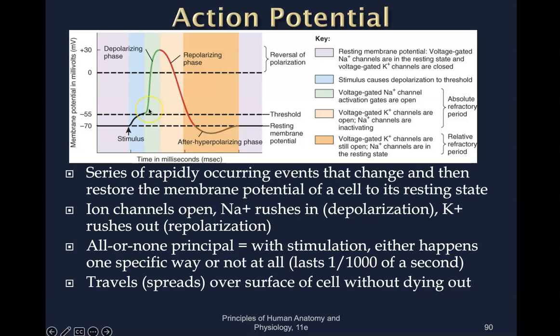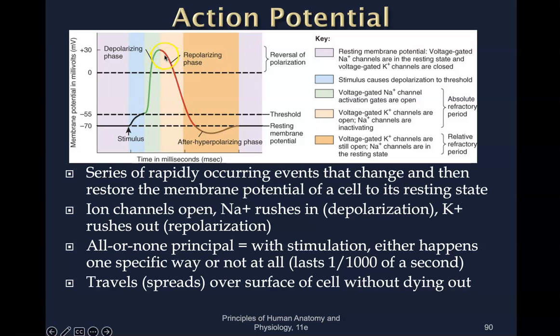Voltage-gated sodium channels, activation gates are going to open, allowing an influx of sodium into the cell, okay? All the way, and as that sodium rushes in, it's going to cause a depolarizing effect, bringing the membrane potential all the way up to about positive 30 millivolts, okay? Now, at that point, the inactivation gates are closing for those sodium-gated channels.